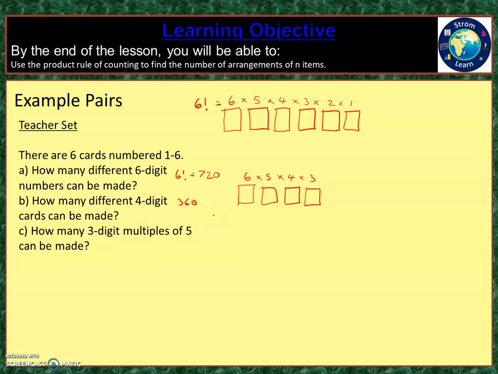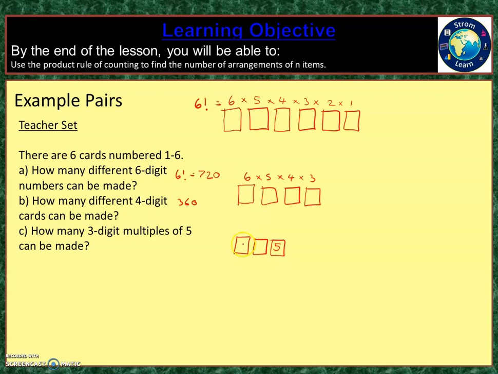So let's think about the next one. How many 3-digit multiples of 5 can be made? So again, let's look at our 3 cards. Now we've got an extra condition here because it tells us it must be a multiple of 5. And one thing we know about multiples of 5 is the final digit is a 5 or a 0. Now my 6 cards are numbered 1 to 6, so I don't have a 0 and I just have a 5. So 5 must be the final card.